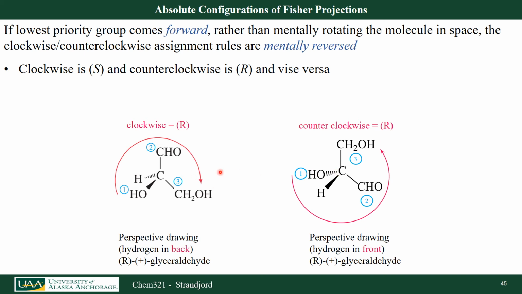These two molecules are identical molecules. I've just had to use an abridged, mentally reversed system for naming them, defining whether it's the R or the S isomer, because I couldn't rotate this molecule mentally. So we do this when the lowest priority is in front.